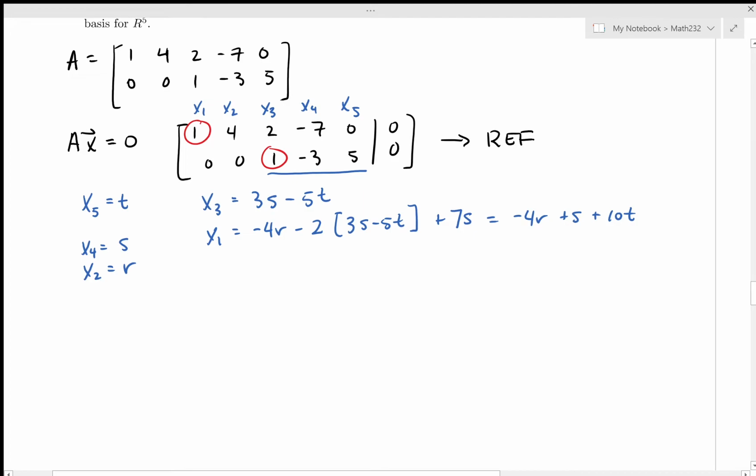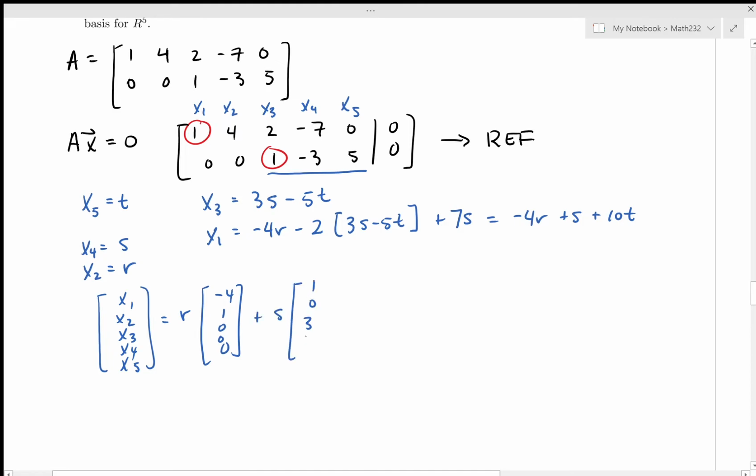Okay, so now I can write out the solution set here for Ax equals 0. It looks like this. All linear combinations of these vectors here: r times that, plus s times this, plus t times this.